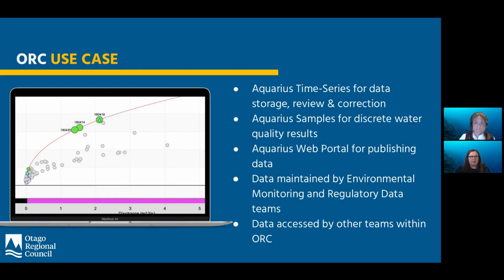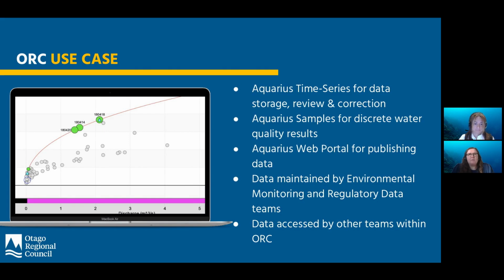So I'll just talk a wee bit about ORC's use case with Aquarius. We migrated all of our data to Aquarius in 2021. We were running both databases for a wee while there, but we've entirely moved over to Aquarius systems now. So we use Aquarius time series for our data storage, review, and correction.